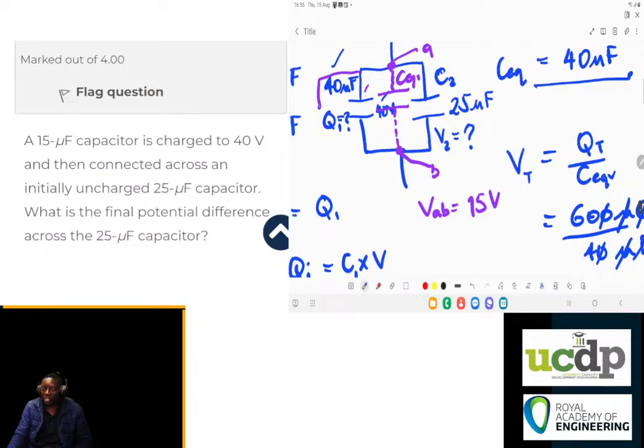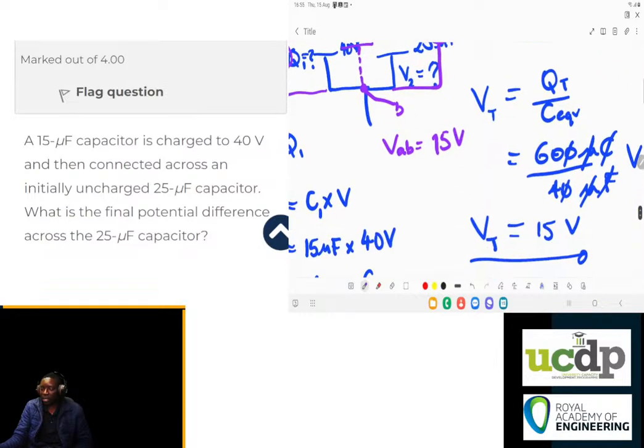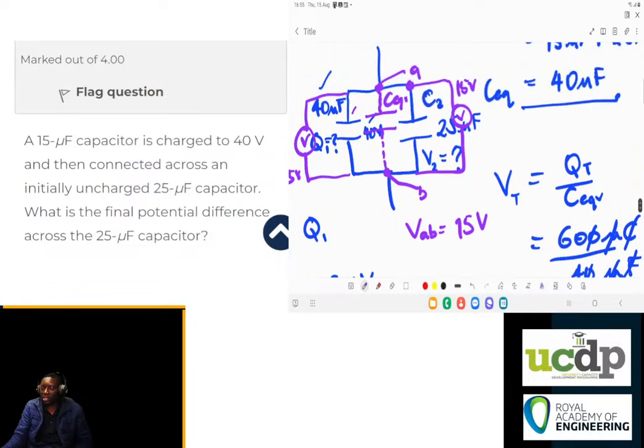We put our voltmeter there, it measures 15 volts. We put our voltmeter here, it will measure what? Across C2, the voltmeter will also measure 15 volts. So 15 volts is the potential across the equivalent capacitance. It therefore ultimately becomes the potential across C2 and across C1. So for connections in parallel, the voltage is the same.